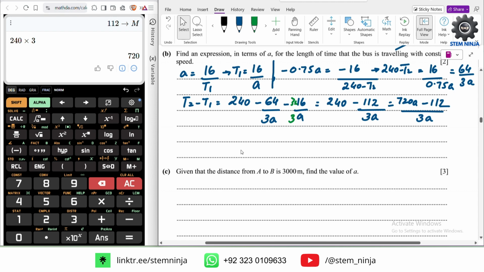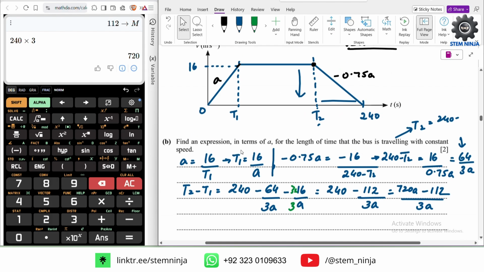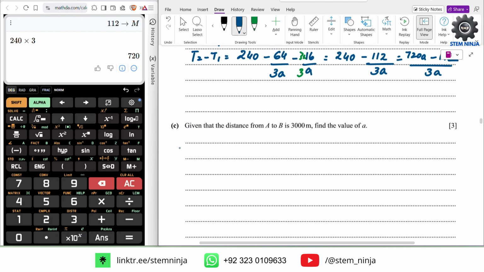Given that the distance from A to B is 3000 meters, find the value of A. So the total distance is the area under the graph.